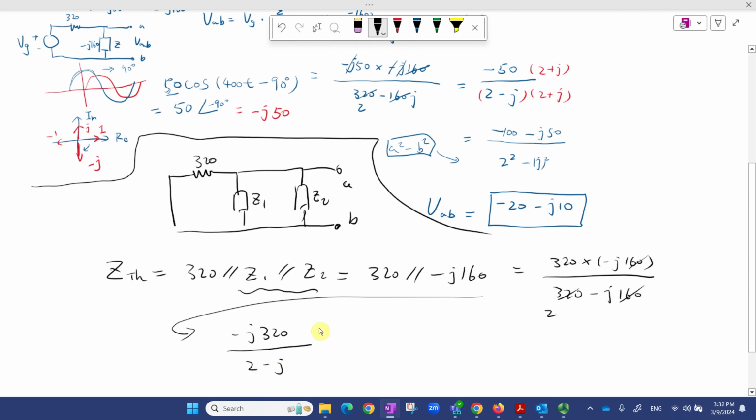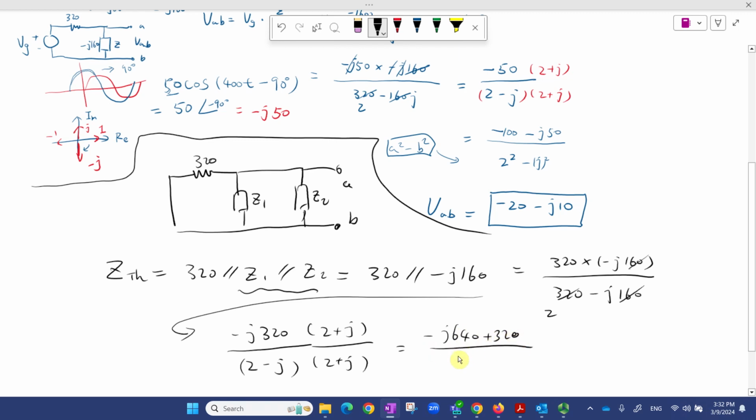Again we multiply by 2 plus j on the top and the bottom. So the top becomes negative j640 plus 320.